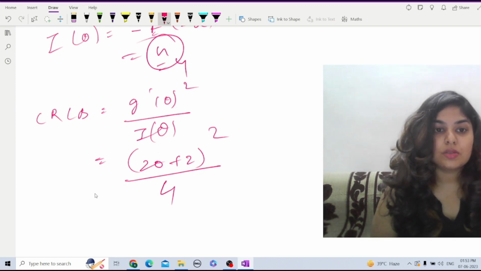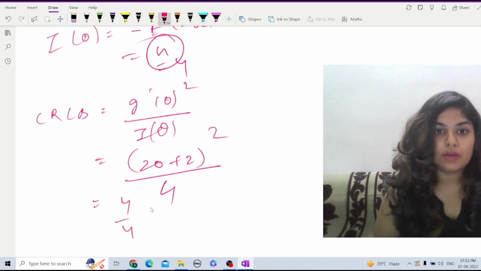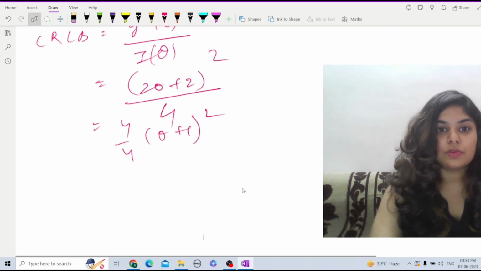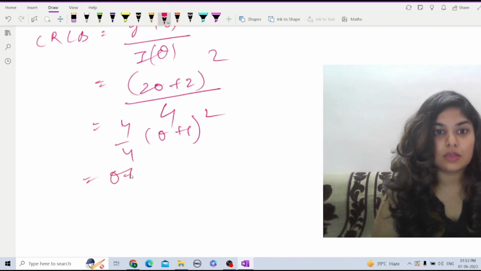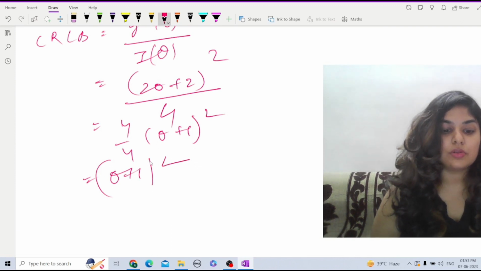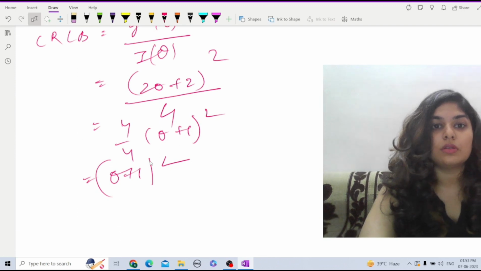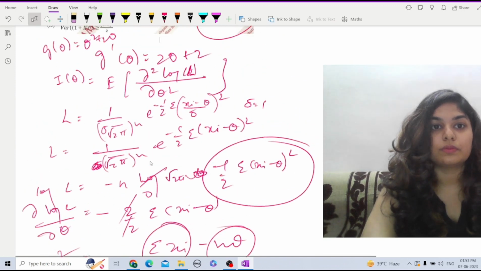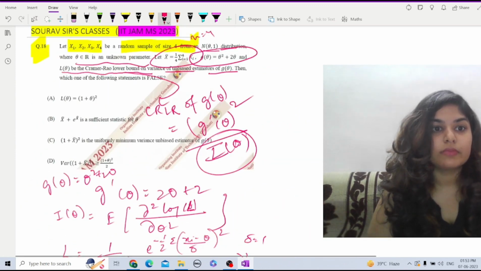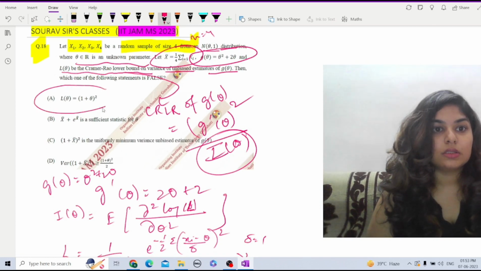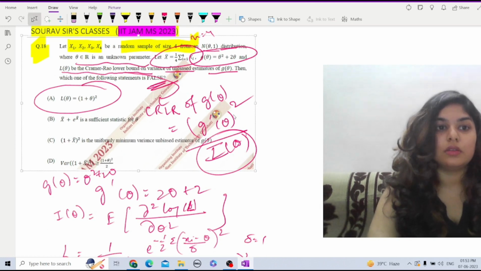If I take 4 by 4 common, the answer here is (theta plus 1) whole square. So this part is true, because if we look at the options, this is true, but we have to find out which one is false. So we have to check the remaining, correct?